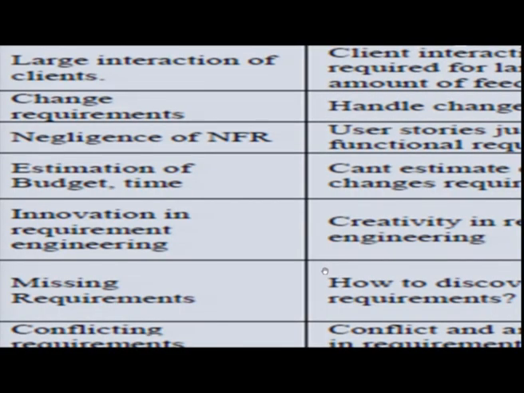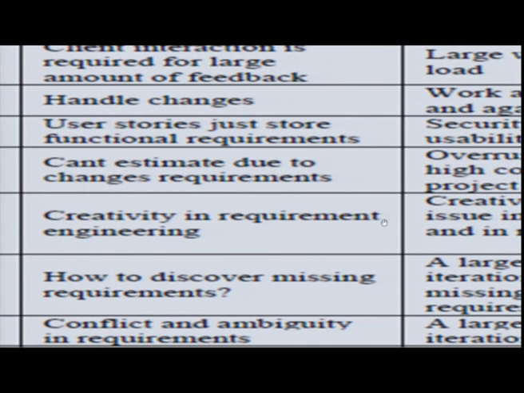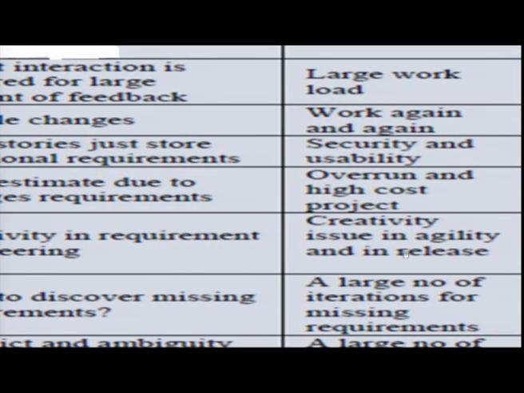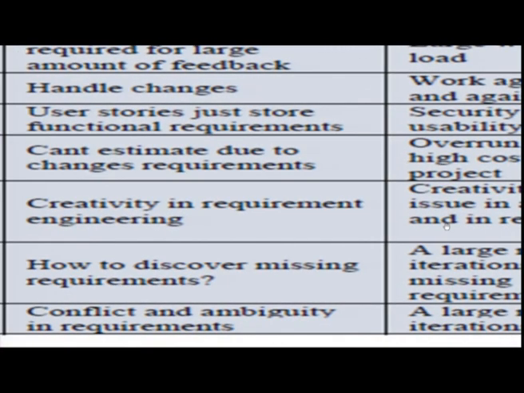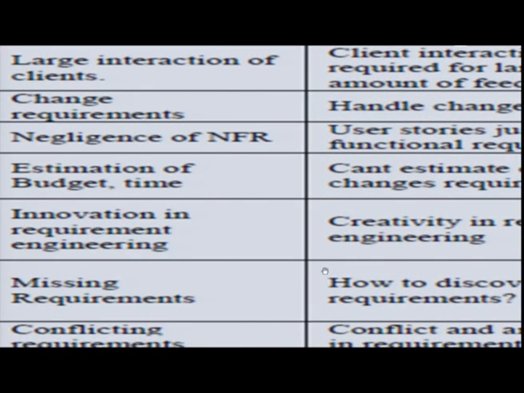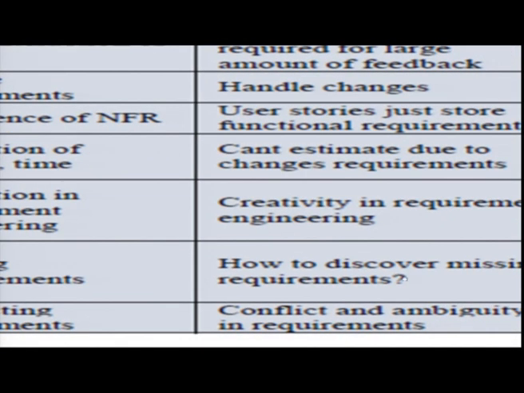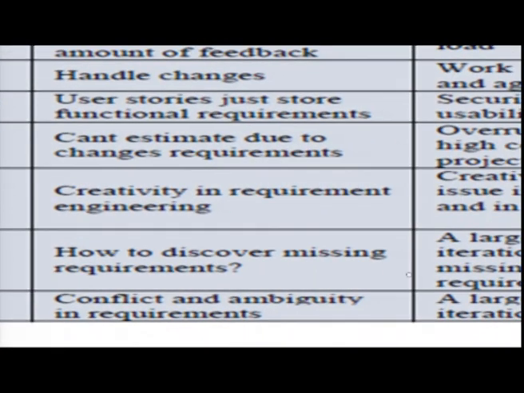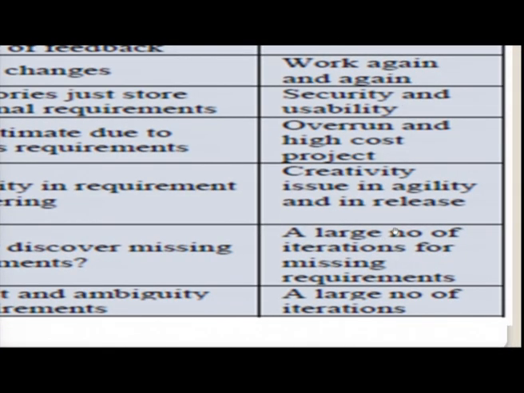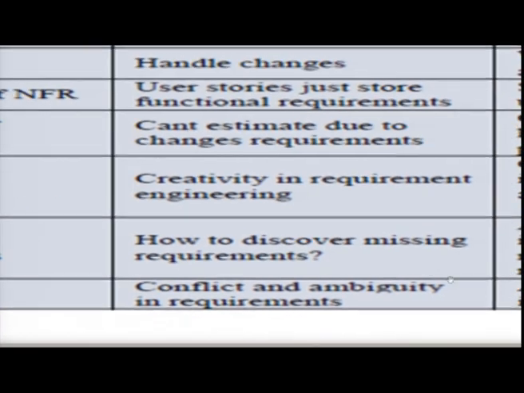Then next is the negligence of the non-functional requirements. NFR denotes non-functional requirements. The user stories just store functional requirements. So this leads to overrun and high cost projects. Then you have the innovation in requirements engineering, creativity in requirement engineering, which means there will be a creativity issue in the agility and in the release.